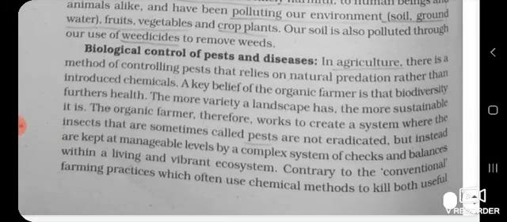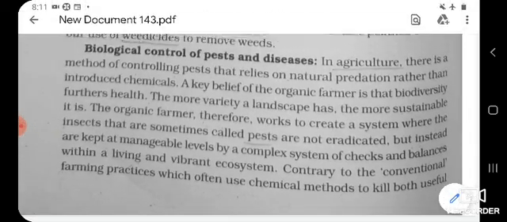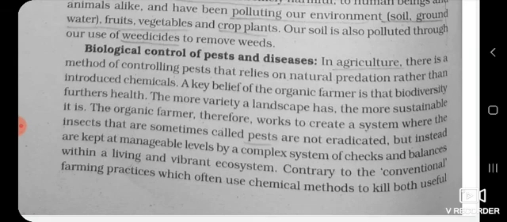So now in agriculture, we can observe that the pest can be controlled on the basis of natural predation. Natural predation means what? As we know in nature, there is always a relationship between prey and predator. That means prey, the animal which can be eaten, and predator, that means animal which can eat the prey.